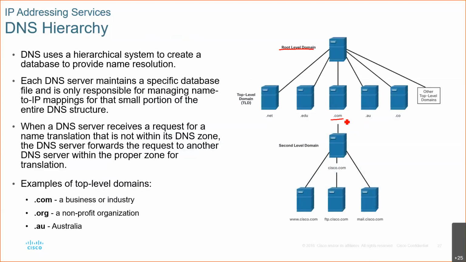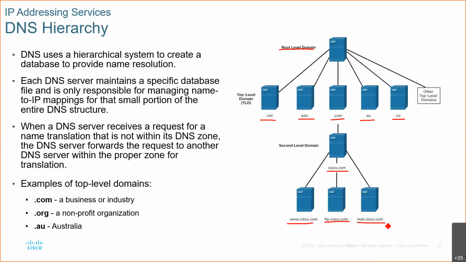Are you .com or .edu like Curtin, or .net, or is it country based? So it depends on which one you're talking about. Once you go to these domains, from these domains you can go to the subdomains and so on. For example, cisco.com has got subdomains like this.